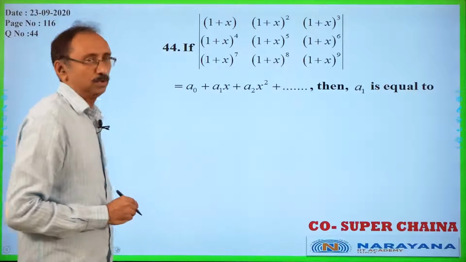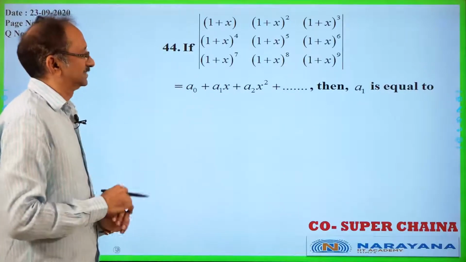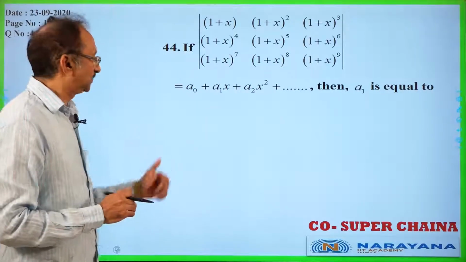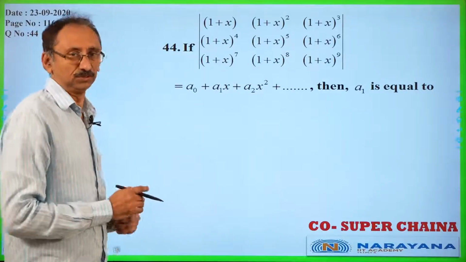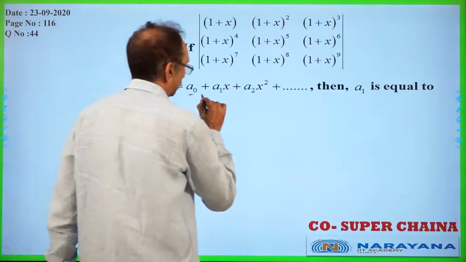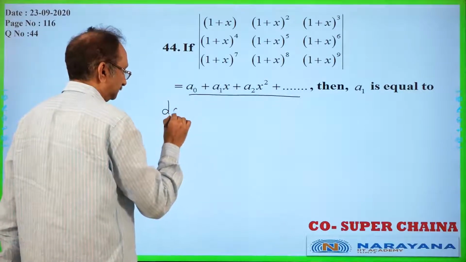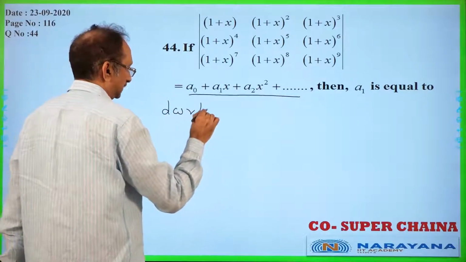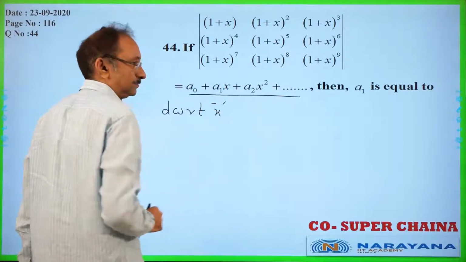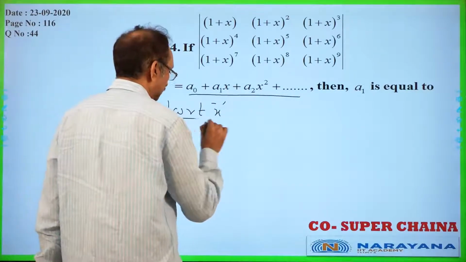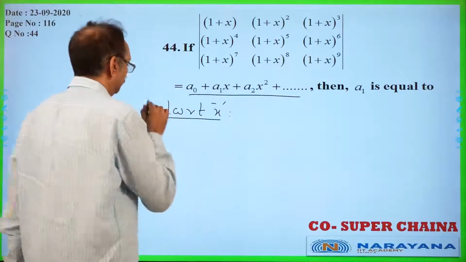Right. And now, we differentiate both sides with respect to x, and after that we substitute x is equal to 0. So, this is the right hand side actually. We differentiate the right hand side with respect to x.